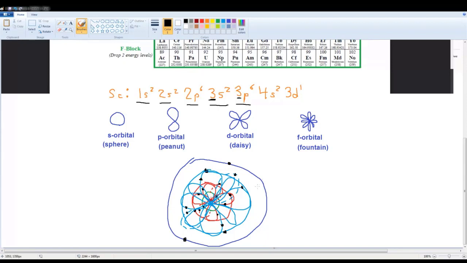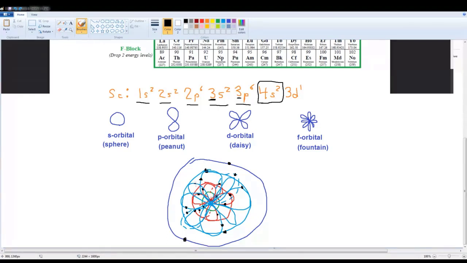And the 4s, these would be your valence electrons. They're your outermost electrons. This would not be a valence electron. The 3d is not a valence electron because it's still an inner shell electron, but it's higher energy.